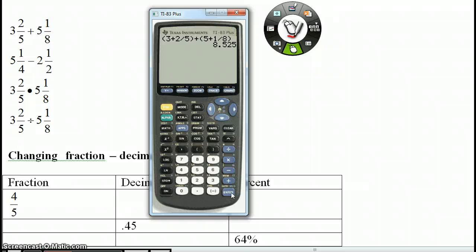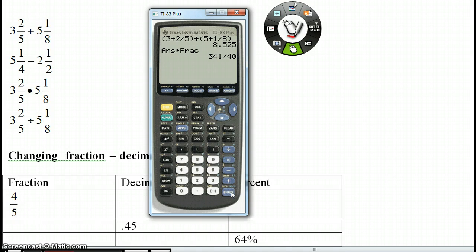If we want to turn something into a fraction, we can do that on the calculator by hitting math and then fraction. But what happens is that this will turn it into an improper fraction.